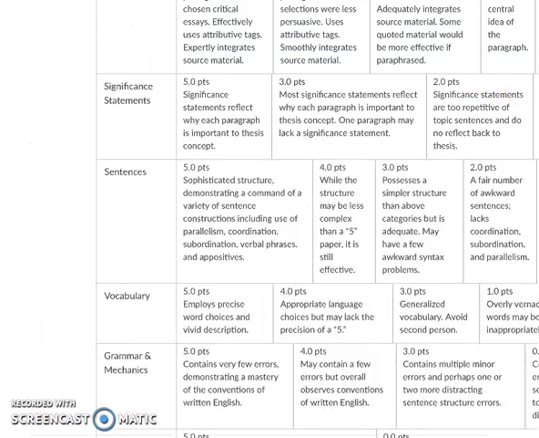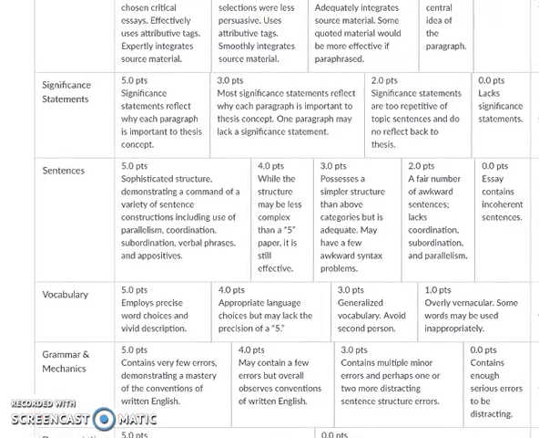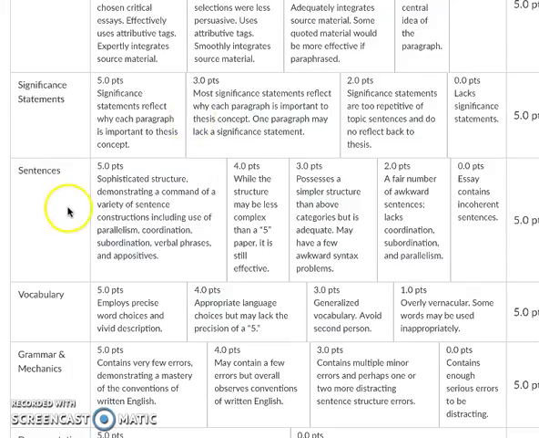So I just covered a few of those documents on Writing Teacher Tools. For sentences, you'll use that improving sentence variety; for vocabulary, you can look at that diction choice; and for grammar and mechanics, you can look at some of those other grammar activities that I have out on Writing Teacher Tools. So again, sentences, if you're in this 3 range, you're probably using 2 or 3 of your favorite sentences and you're not adding variety.